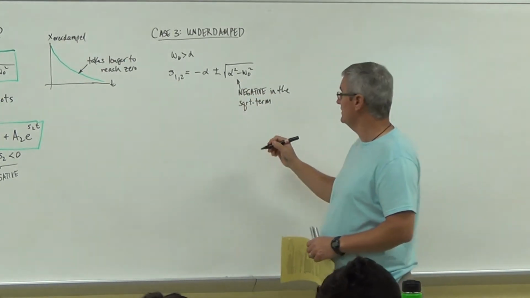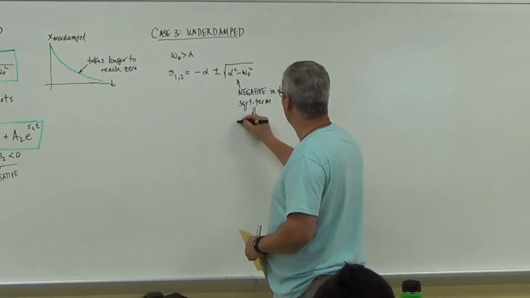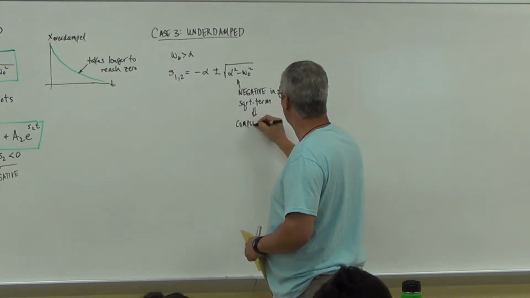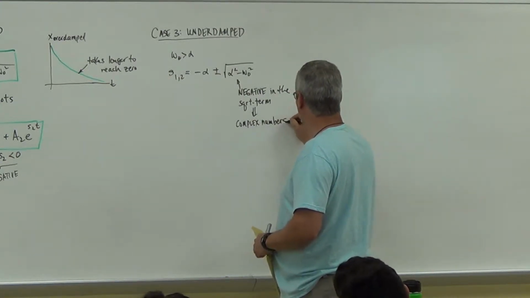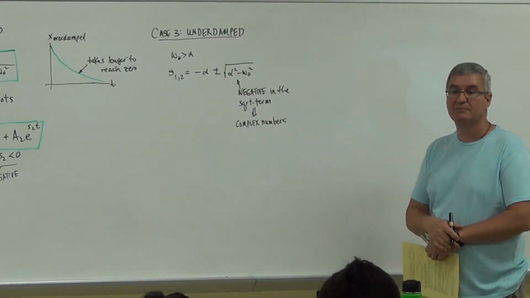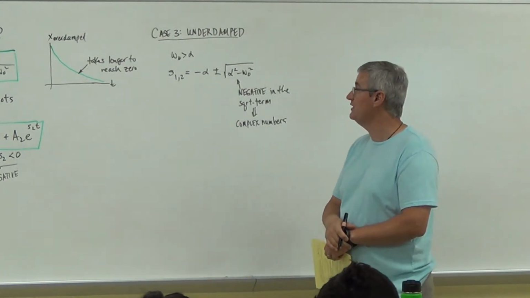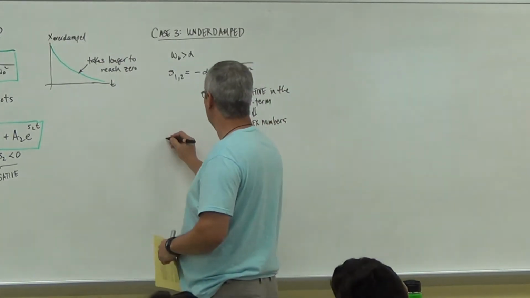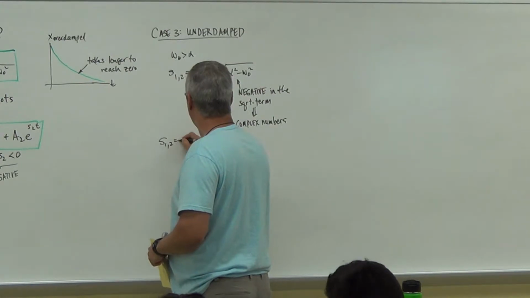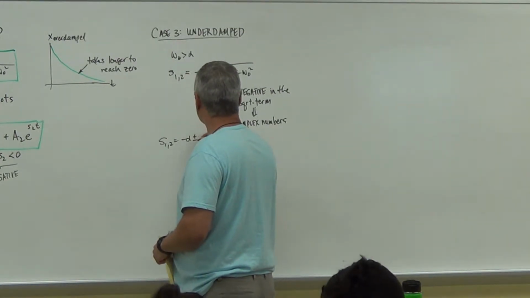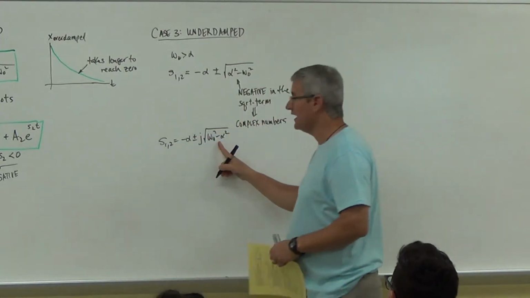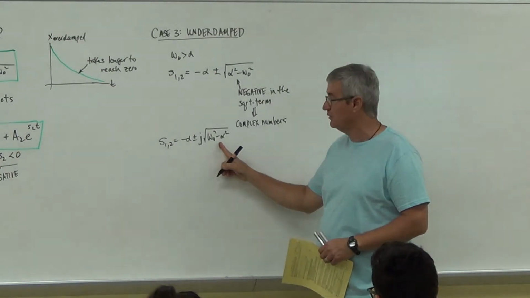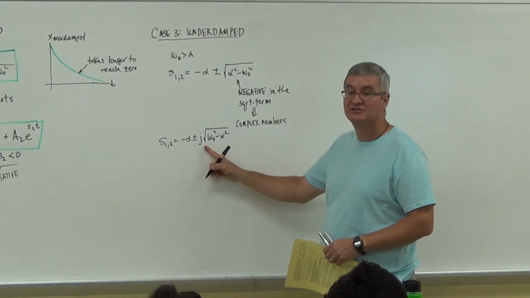That means you get complex numbers. The way we deal with this is we write it like this: minus alpha plus or minus j times the square root of omega naught squared minus alpha squared. Now this gives me a positive number, but now I have this j.